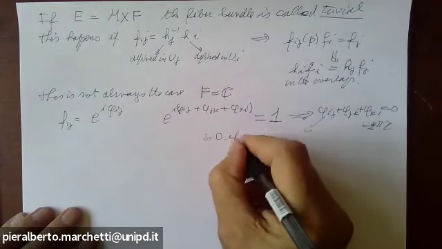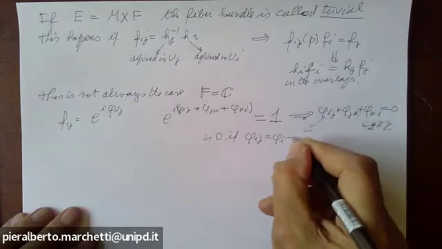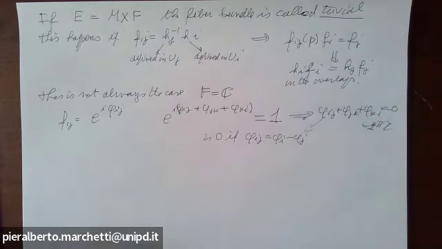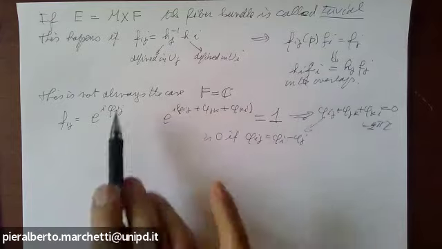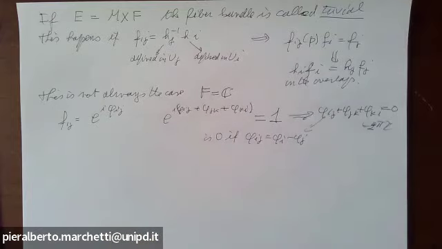In fact, if φ_ij is equal to some φ_i minus φ_j, then it is automatically 0. But in general, it's not. So it's clear that hidden in this triple intersection, there is some information of non-triviality of the bundle.